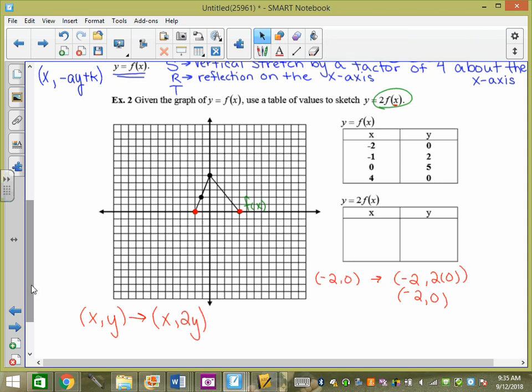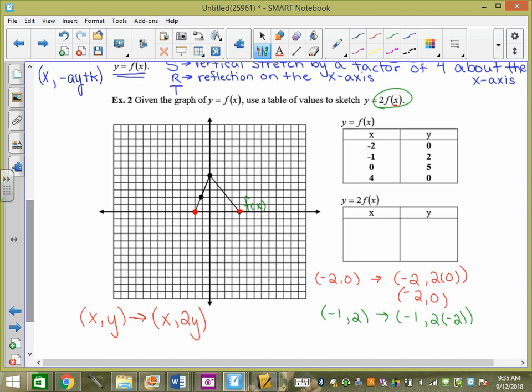Then let's pick this one. Negative 1, 2 is going to become negative 1, and then 2 times 2, sorry, I don't know why I said negative. So it's going to be negative 1 and 4.